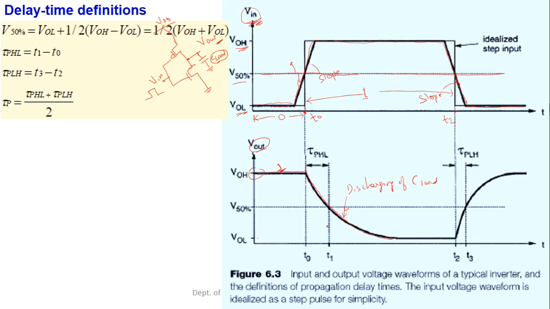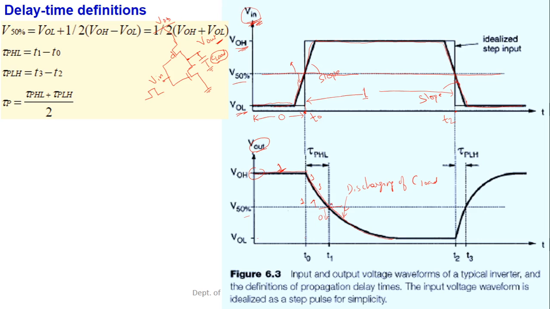Now when it starts to discharge, below the 50% level it is assumed that the output level is 0, and above 50% it is high, 1. So here it is 1. When it just crosses this 50% line, it drops to 0, and we see that the transition has occurred.